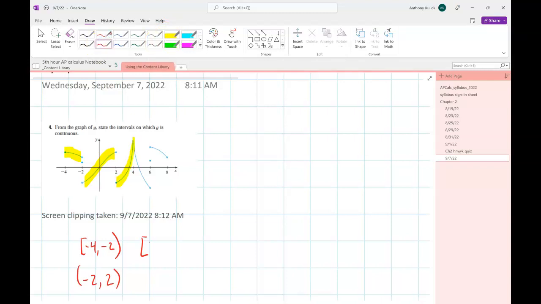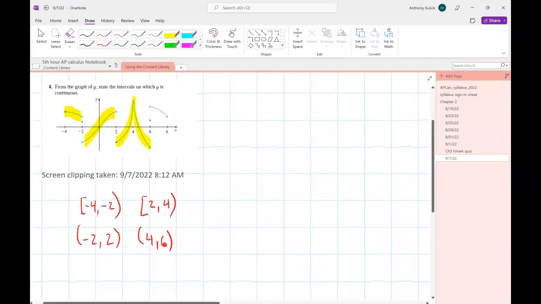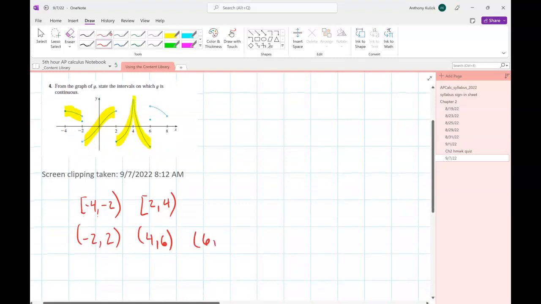So I'd assume they want that. And then the other end with the asymptote, notice we're empty at that end. And then our last one would be 6 to 8. Does that feel okay, Mackenzie?